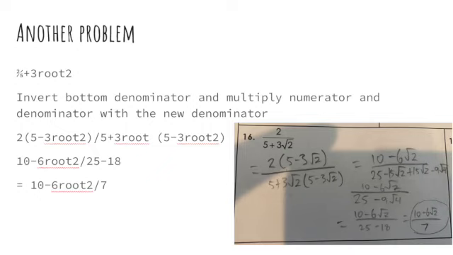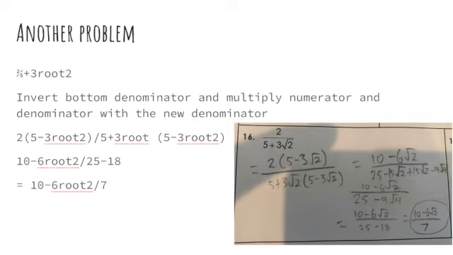It's just plain sailing from this. You multiply both top and bottom, which gives you 10 minus 6 root 2 over 25 minus 18. After you simplify, you get 10 minus 6 root 2 over 7.